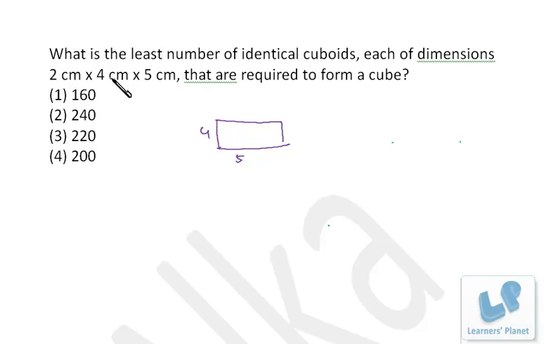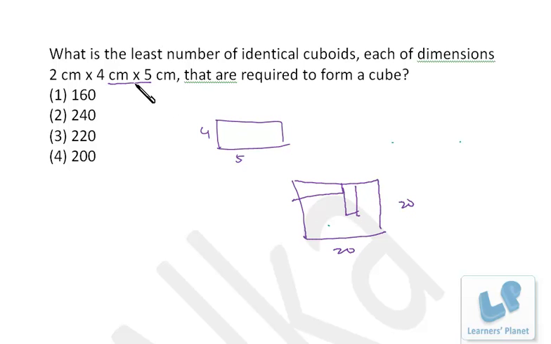So what is the LCM of 2, 4 and 5? That's 20, right? So each side of the cube that will be formed will be 20. 20 this, 20 this, and 20 is the height. Okay. So in this we can fit this 4 into 5 easily, right? This way, maybe this way.